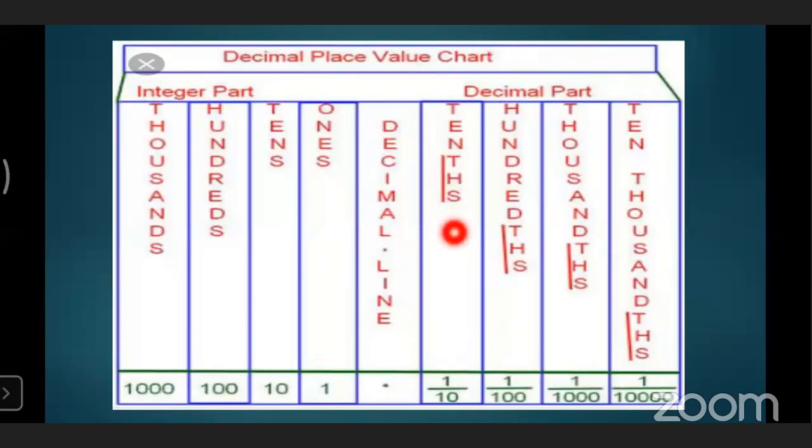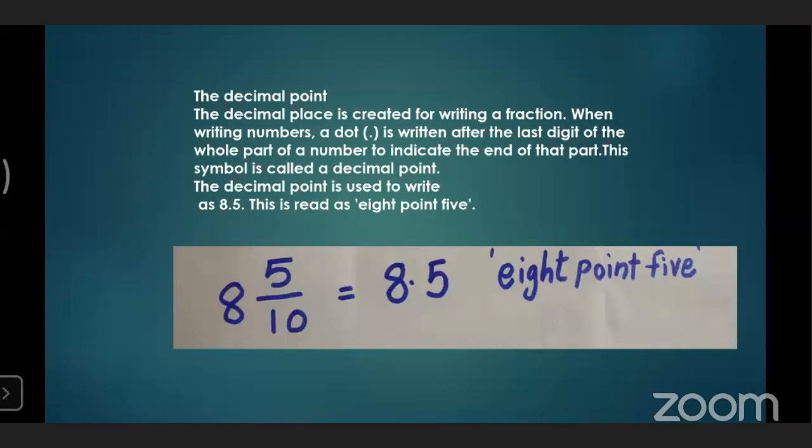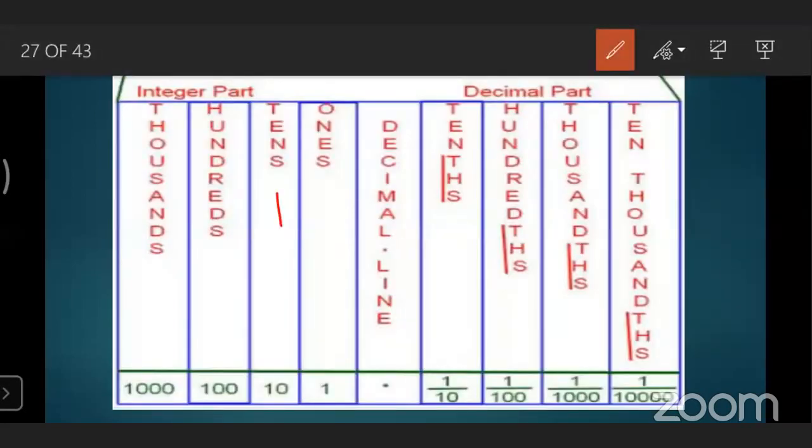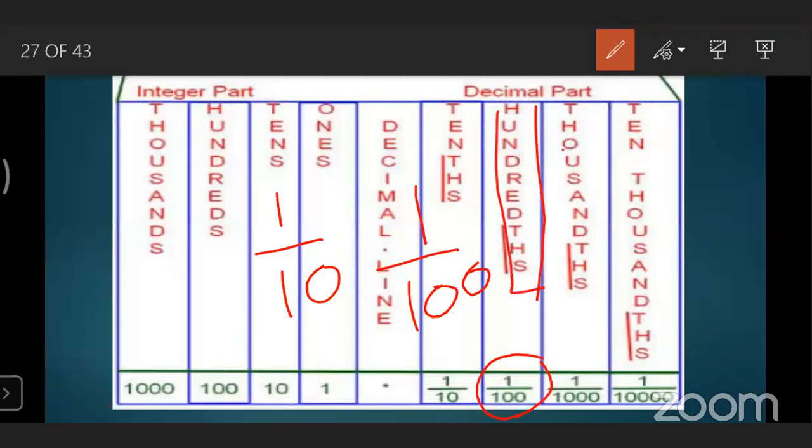Okay, when we divide 1/10 into 10 equal parts, that becomes 1/100. You can see here 1/100, that is the hundredth.